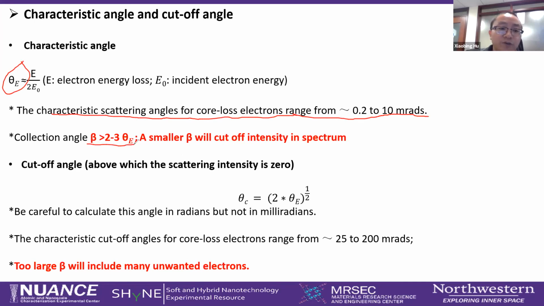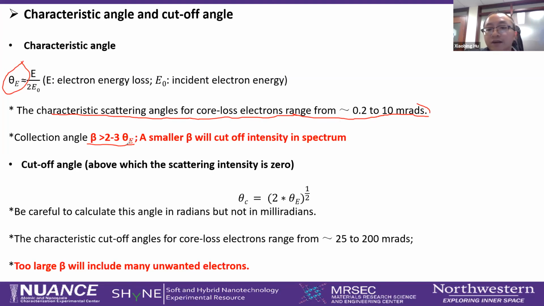Your collection angle should be about 2 or 3 times larger than this. If your collection angle is small, for example smaller than this theta E, you do not collect all the scattered electrons, and your signal will be very bad. So you need to consider a good collection angle when you do your experiment.